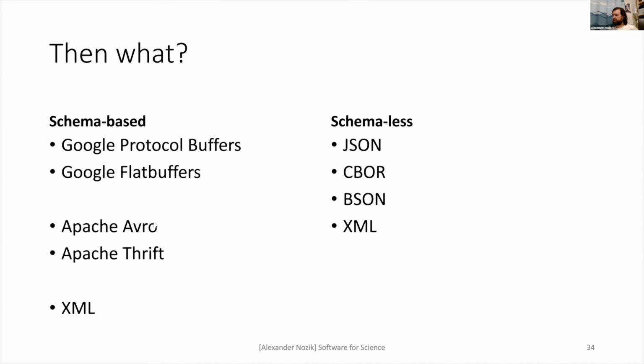As a very short introduction, I can give a separate lecture about schema-based and schema-less formats, but in general, you should look at existing formats. Schema-based means that you know the layout of the data, like two numbers or three numbers, a vector of three numbers, and some subfields.